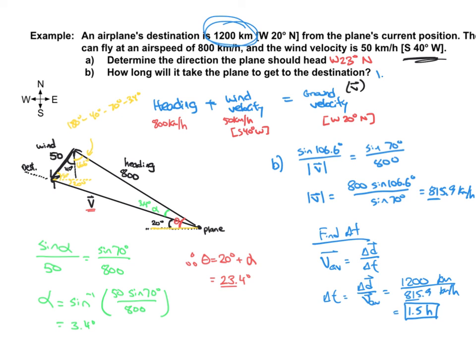Okay, so as you can see, this took a really long time. Most of it was geometry. The only real physics was drawing the diagram properly in the first place, which is not so simple. But a lot of time was spent on this geometry stuff, so that's why I'm not really going to put it on our physics test.